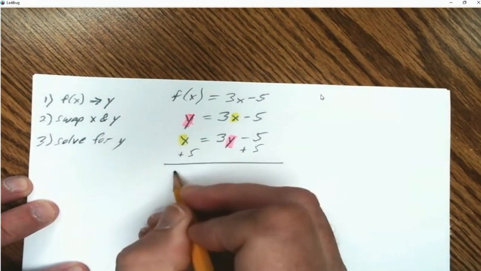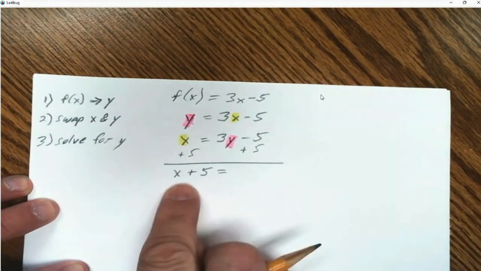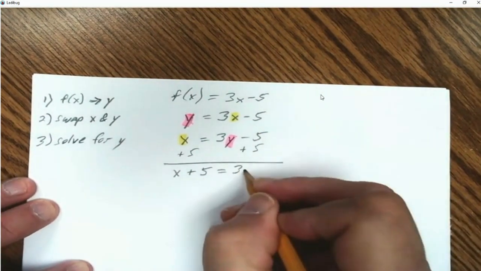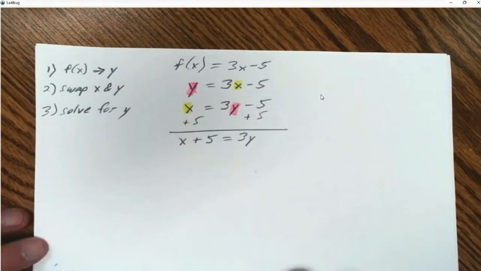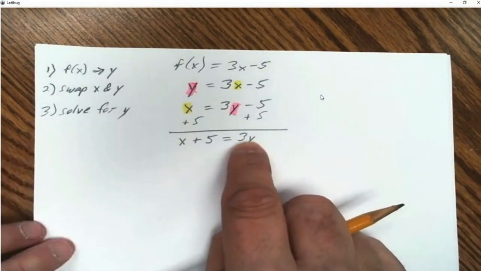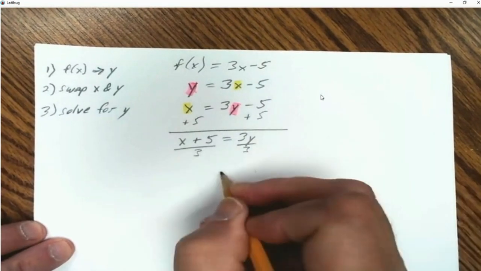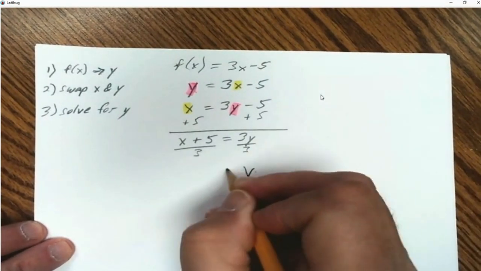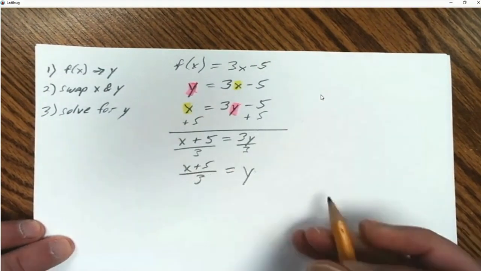This is not an x, so those don't go together. They're separate terms, x plus 5. And this side is 3y. Let me make sure. We're not to y yet. We're at 3y. So let's divide by 3. So y equals x plus 5 divided by 3.